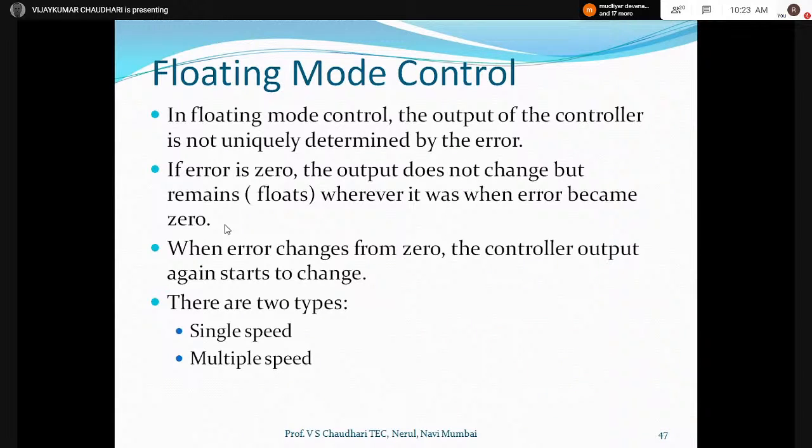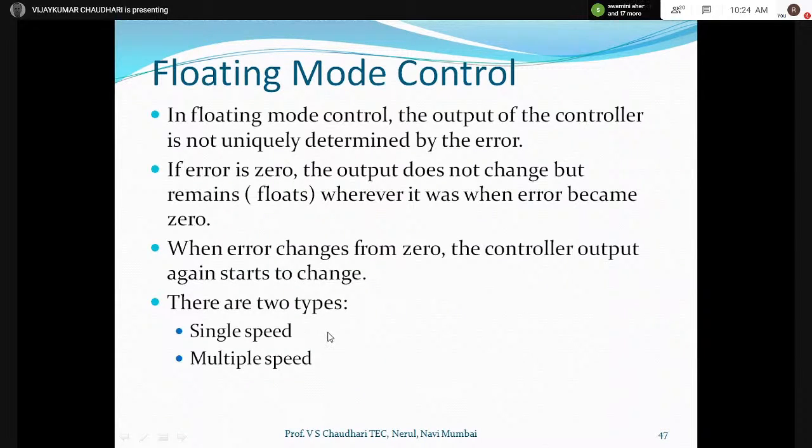Okay? Whenever the error changes from 0, up or down, then the controller output again starts to change. If the change is positive, the output will increase or decrease depending upon direct action or reverse action, right? So when the error changes from 0, the control output again starts to change.